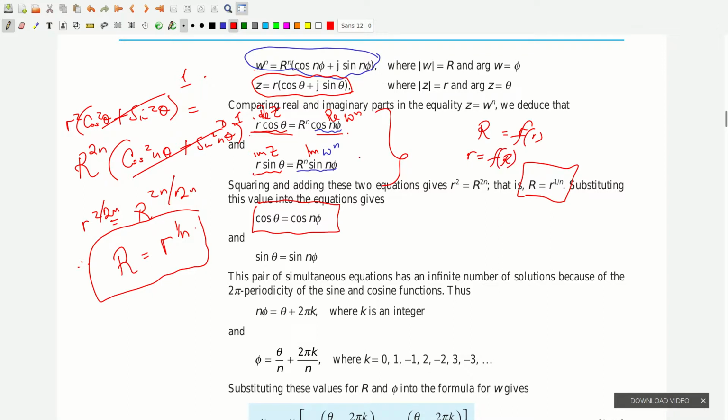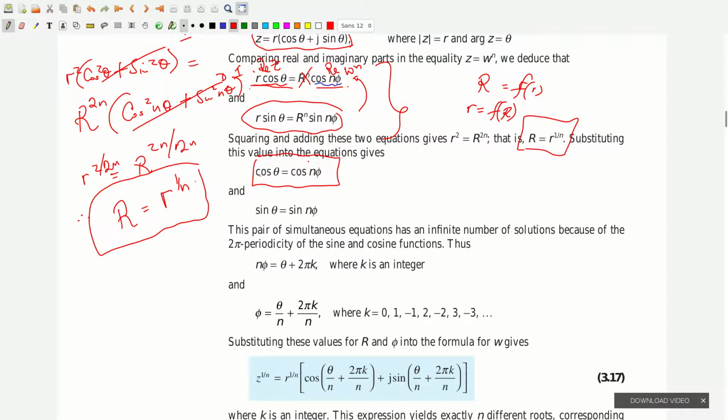You still come back and substitute for r here, or for r here, and then you come up with this equation that cos theta is equal to cos n phi, and also sine theta is equal to sine n phi, when we also do the other substitution in this equation here as well.